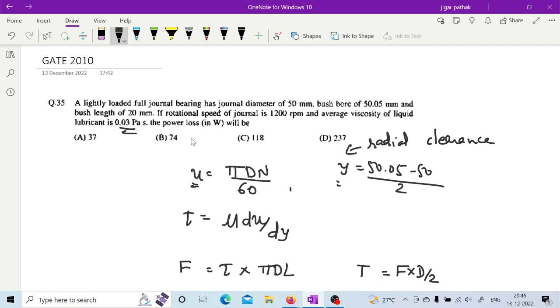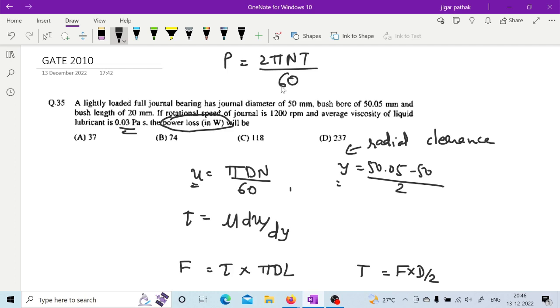But here they have asked the power loss in watt. Whatever we calculated in the previous question was in Newton meter, so there is a relation. If you are writing it, it is 2 pi nt by 60.